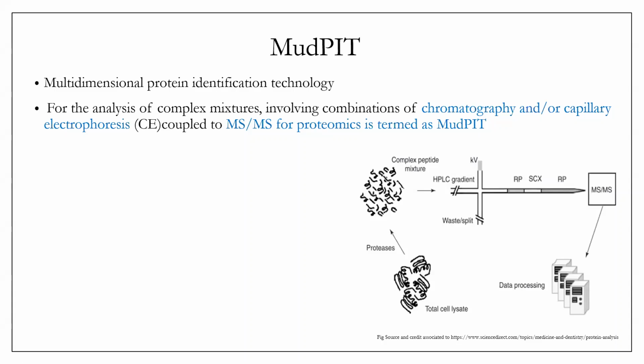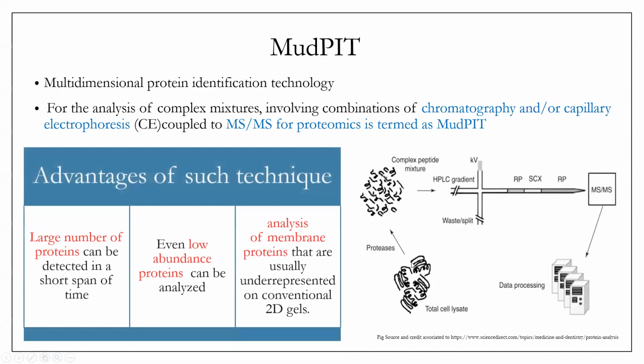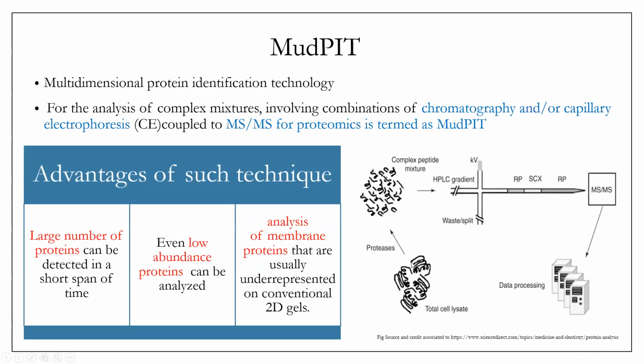Once the peptide mixture is separated, it passes through mass spectrometry. You will get a fingerprint, and from there you will do your protein analysis. So what are the advantages of such a technique? A large number of proteins can be detected in a short span of time, because we are using different types of columns in the same process.